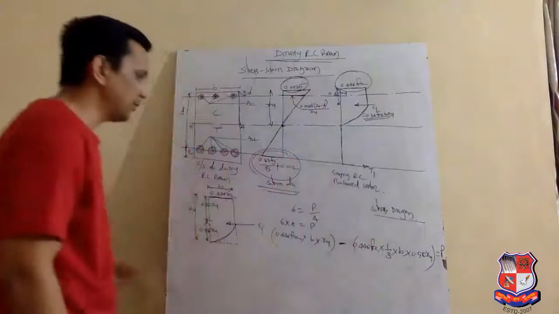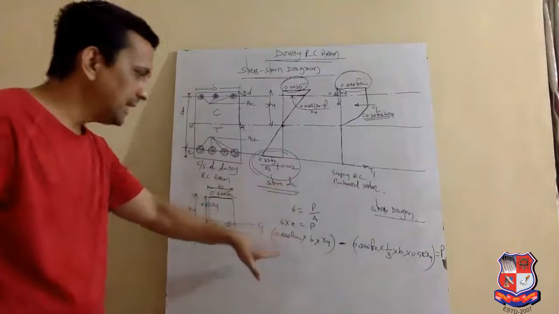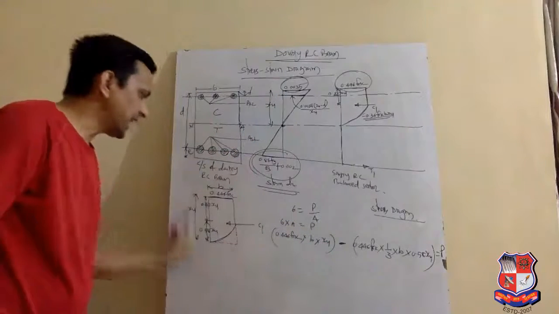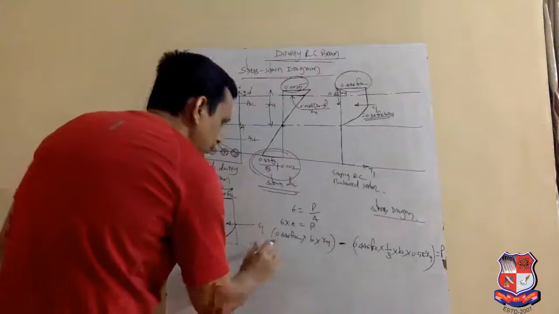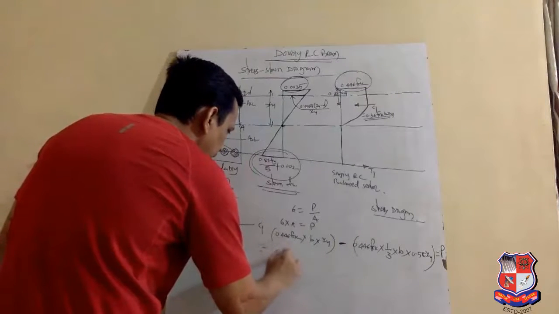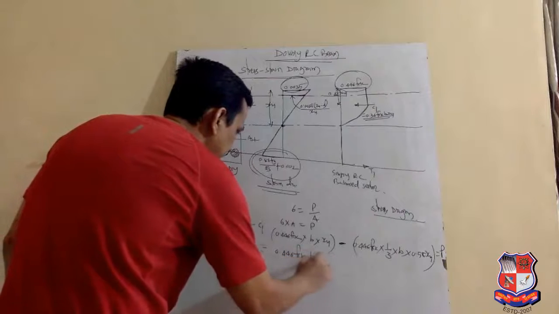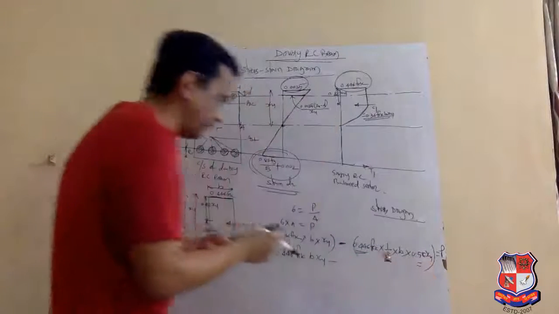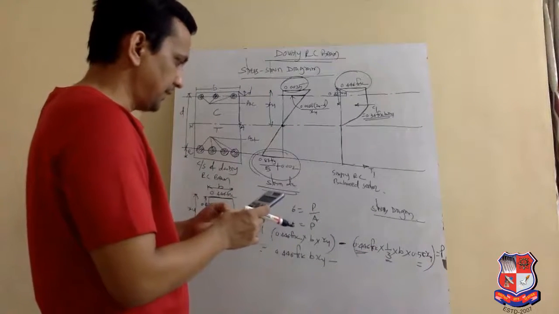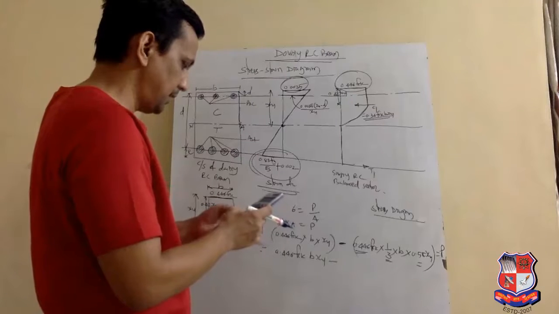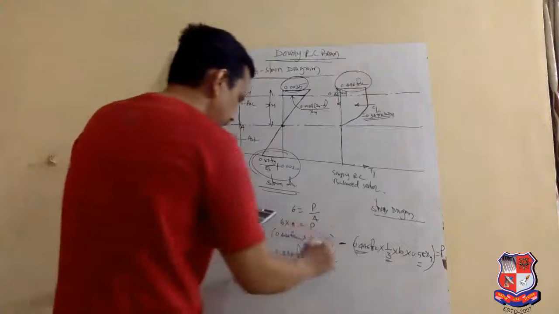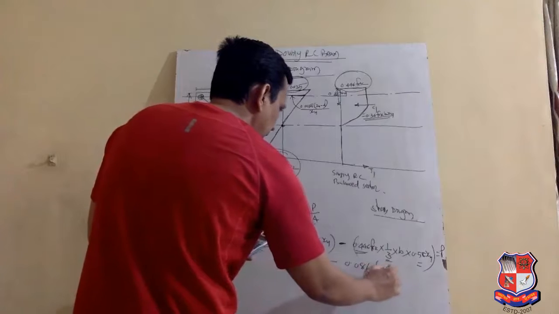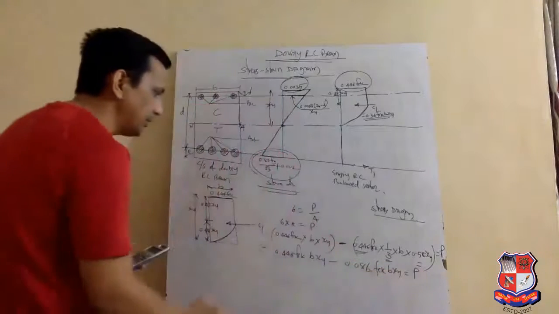Means we have deducted the stress block of the parabola from the stress block of the rectangle. So 0.446 fck b into xu minus, when we calculate 0.446 into 0.58 divided by 3, we get 0.086 fck b into xu.